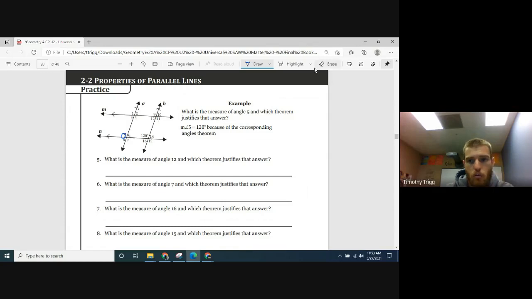Well, that would also be 120. That reason we know is because they're in corresponding positions. They are both congruent to each other because they're corresponding angles. So measure of angle 5 equals 120 degrees because of corresponding angles. By the way, whenever you see M angle something, that means the measure of angle 5. They're telling you the measurement. So the measure of angle 5 is 120 degrees in this case.